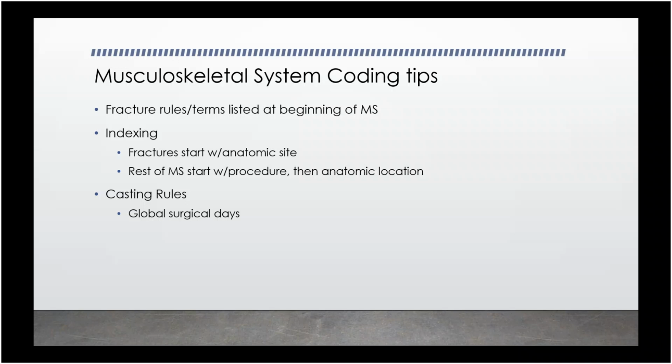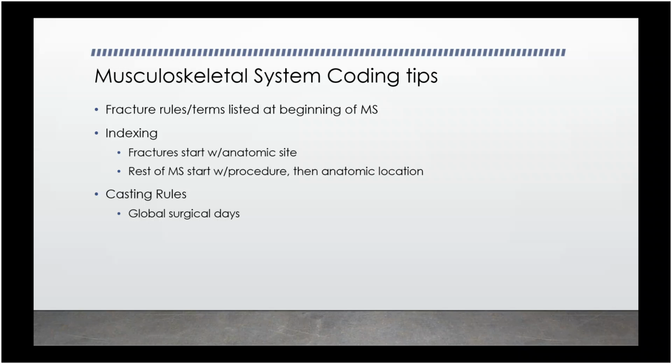So the tip that you need to keep in mind for our musculoskeletal is the fracture rules. They are at the beginning of the musculoskeletal. That's going to go over closed versus open. Remember that just because the fracture is closed, meaning there's no opening in the skin, they could actually repair it open. So you want to be aware in the code description, in the coding scenario that you have in front of you, does it say that they performed it open?